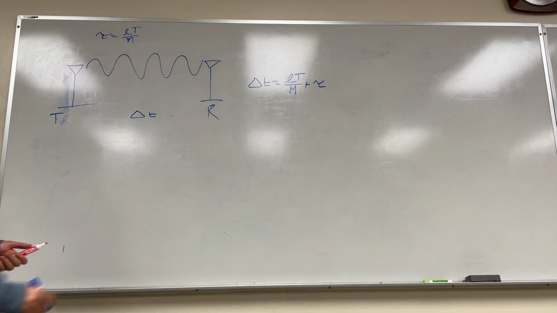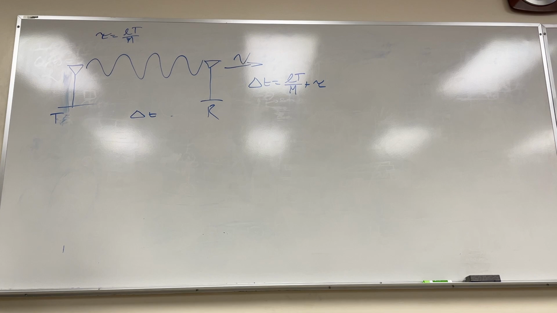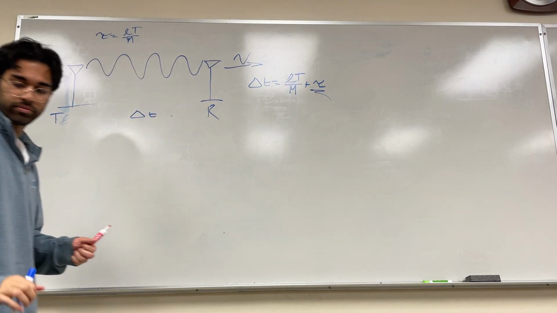And then now, if this is moving away at some velocity, then this is going to change, this tau, right?